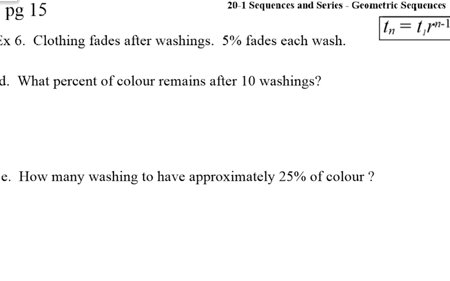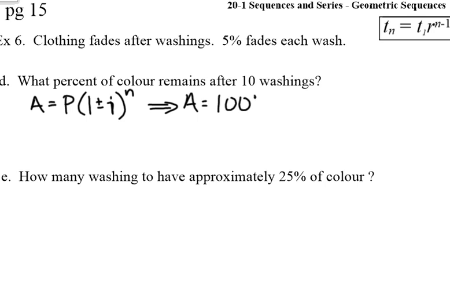So with that, what percent of the color remains after 10 washings? Well, what do we know? We know our initial amount, but again, word problem, geometric. Let's go to our special formula where I don't have to worry about which term it is. The accrued amount, the final amount, is based on our principal, which is 100% of the color, times interest.